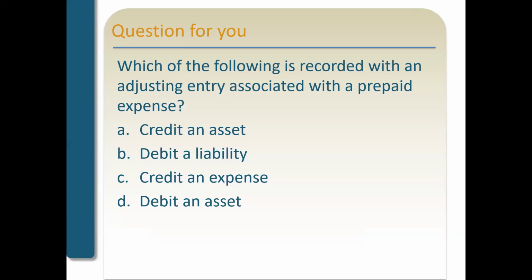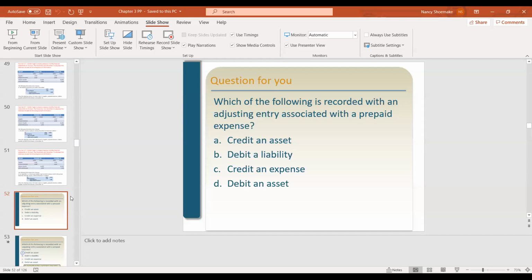Think about it. With a prepaid expense, let's go back here. Which one of these is a prepaid expense? Supplies and insurance. What are we doing here? For an adjusting entry, aren't we crediting an asset?